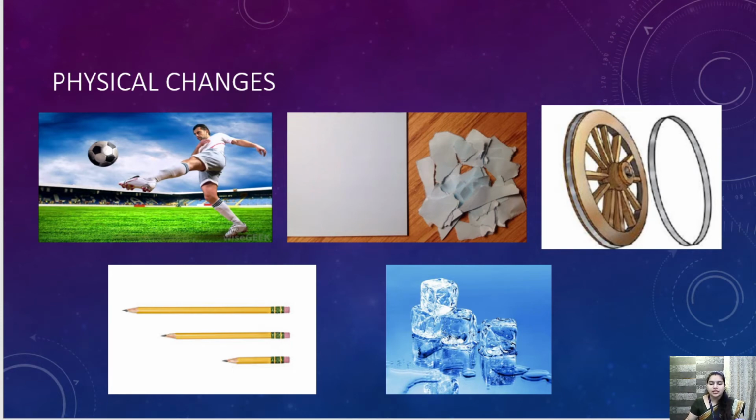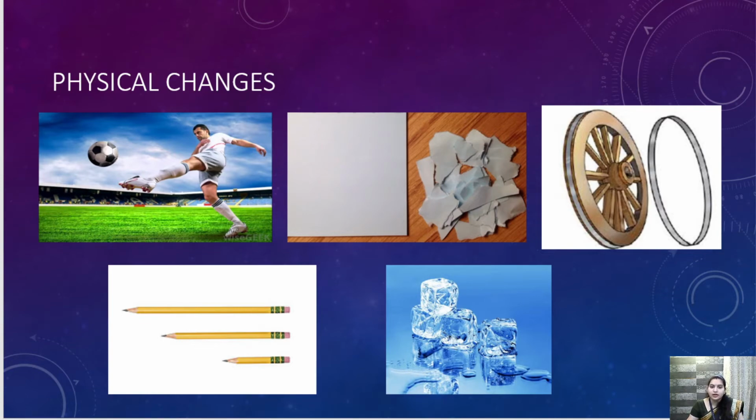Getting it? Similarly here, the freezing of water. When water is converted into ice, though the state is changing, from liquid to solid, the main component, that is H2O, water is H2O, right?